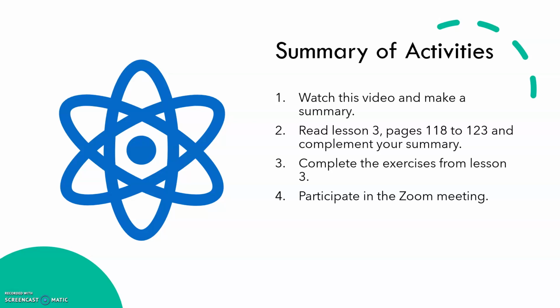So it is very important that you participate in the Zoom session because today we're modifying the activities a little bit, because originally we were going to finish lesson number 3 last week. But since that couldn't happen and since there were some things that were changed, we are going to finish lesson number 3 today. So make sure you finish your summary and your book exercises before the Zoom session, all right?